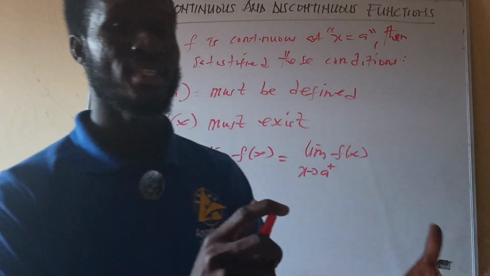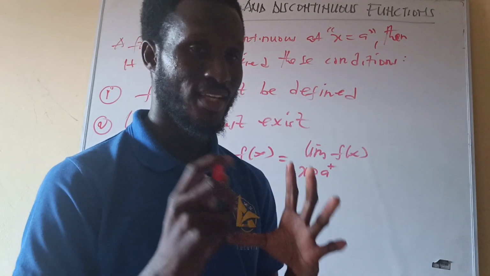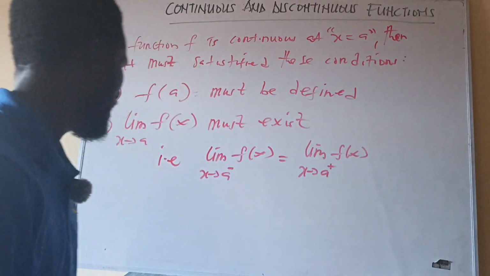If we're able to show that they are the same, then we will say that the limit of f of x exists.